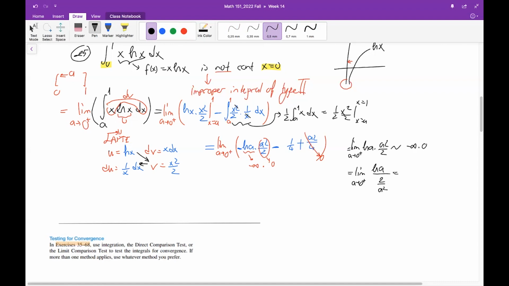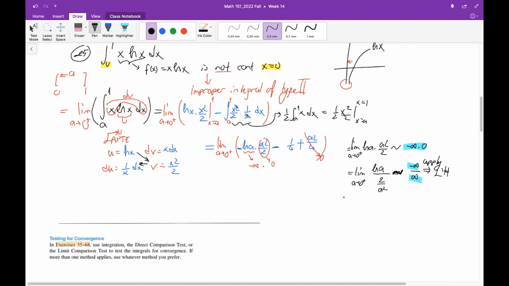Then what happens? Now this is still an indeterminate form, minus infinity over infinity, but to this type of form you can directly apply L'Hopital's rule. That's why we are transforming this product to this ratio, to which we can apply L'Hopital's rule directly.